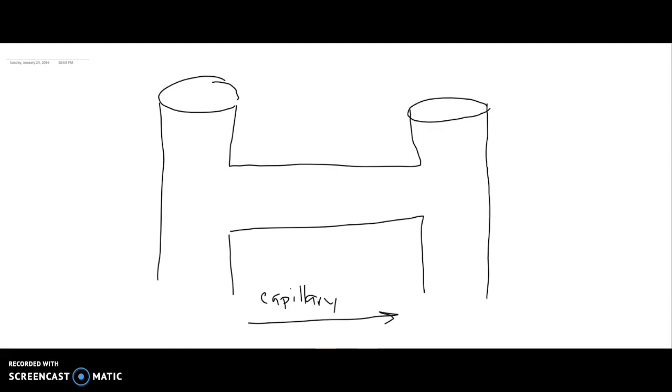At this end we have an arteriole, which would be bringing blood into the capillary, and over at this end we would have the venule, which would be taking blood back to the heart. And this region between the arteriole and the venule is where we're going to see this exchange take place.